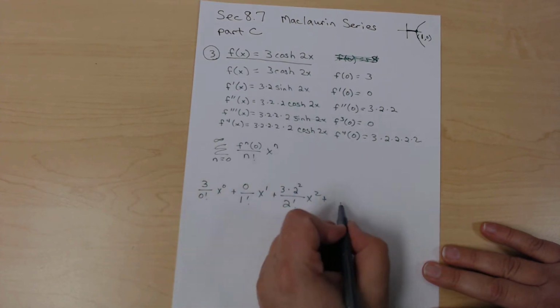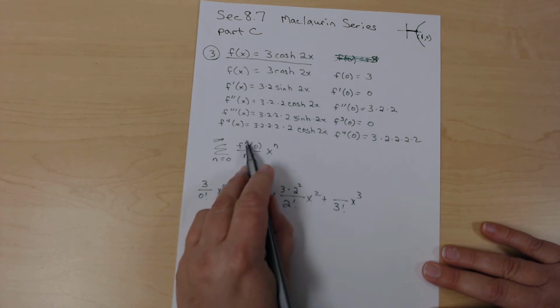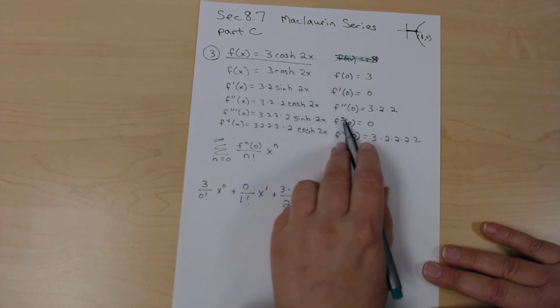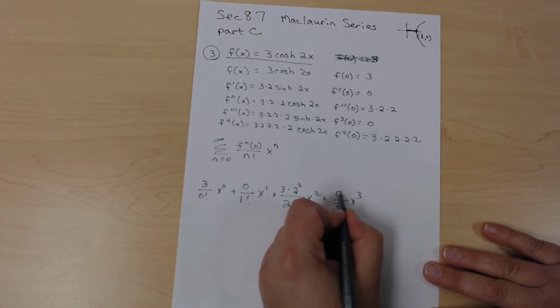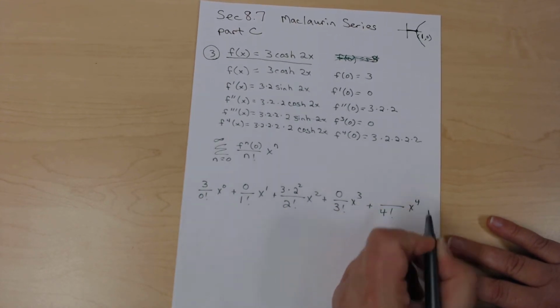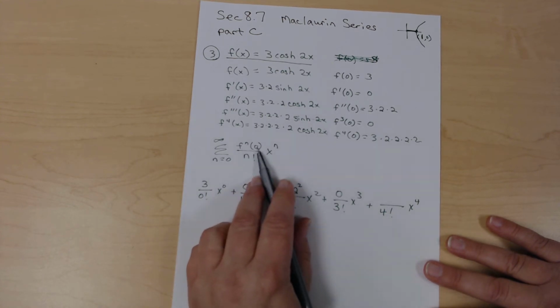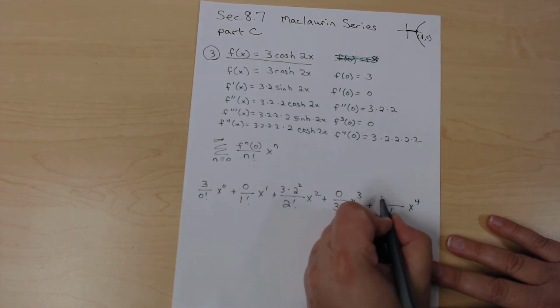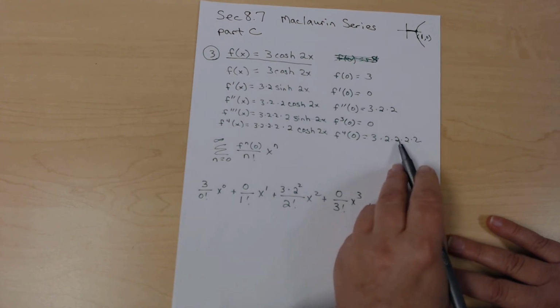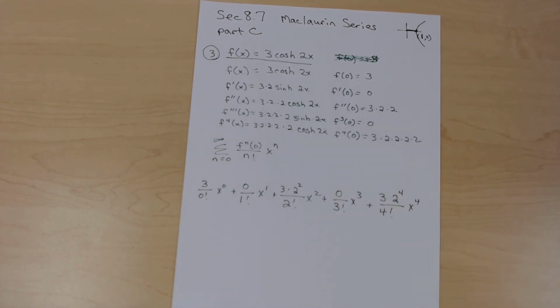We're plugging in 3. So we have 3 factorial, x to the third. I plug in a 3 here. I want the third derivative evaluated at 0. Gives me an answer of 0. Plug in a 4 factorial, x to the fourth. This says I want the fourth derivative evaluated at 0. That's 3. And then it is 2 to the fourth power.